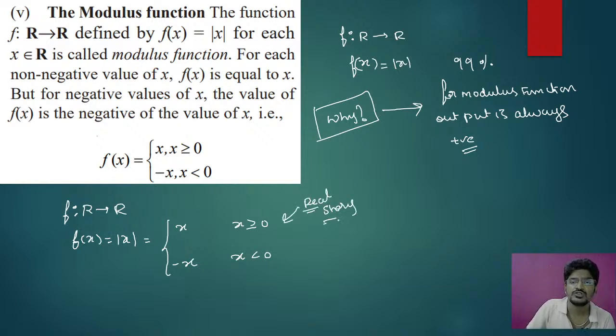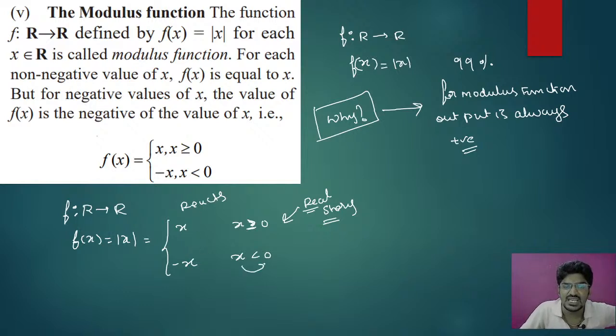No one tells the real story. Always they give build-ups. So before you get a build-up, you must have a nice story behind the scene. Like that, the modulus function has one real story: whenever x is greater than or equal to 0, it reacts as x.